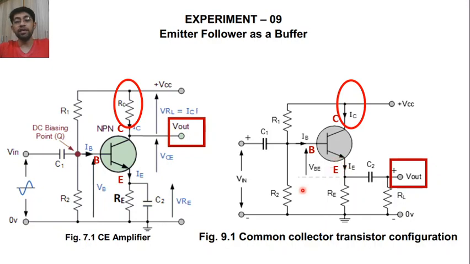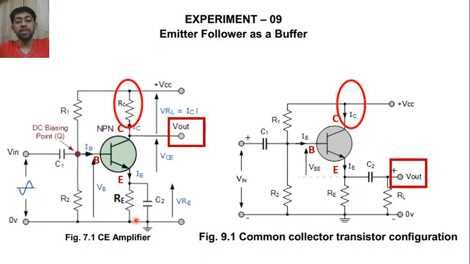Now this capacitor C2, which works as a bypass capacitor in common emitter configuration, now becomes a coupling capacitor. In CE configuration, due to this bypass capacitor, RE will become short circuit in AC analysis, so that the emitter terminal will be grounded.